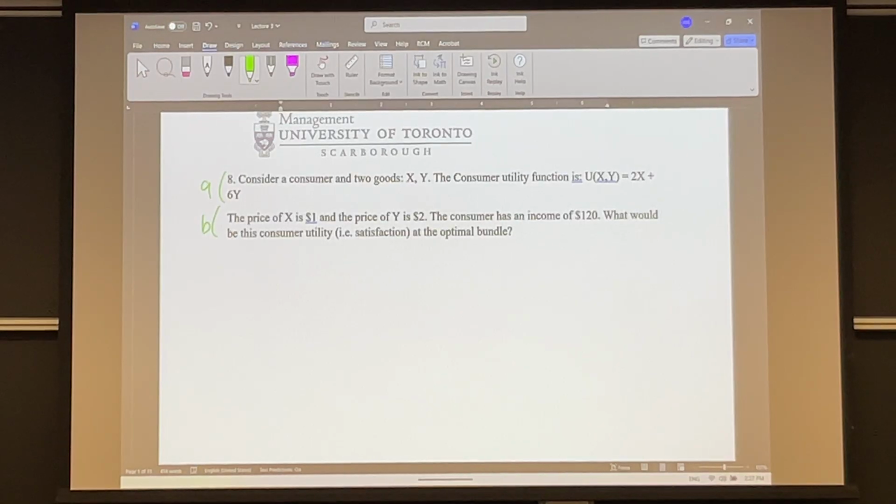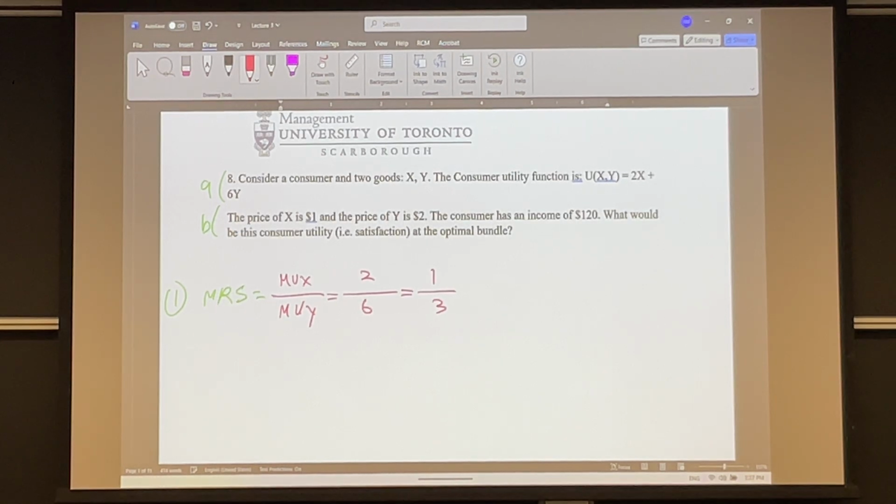How do you solve for this one? How do you find the demand? Well, find the MRS first. What's the MRS in this case? MUX over MUY. That is 2 over 6.